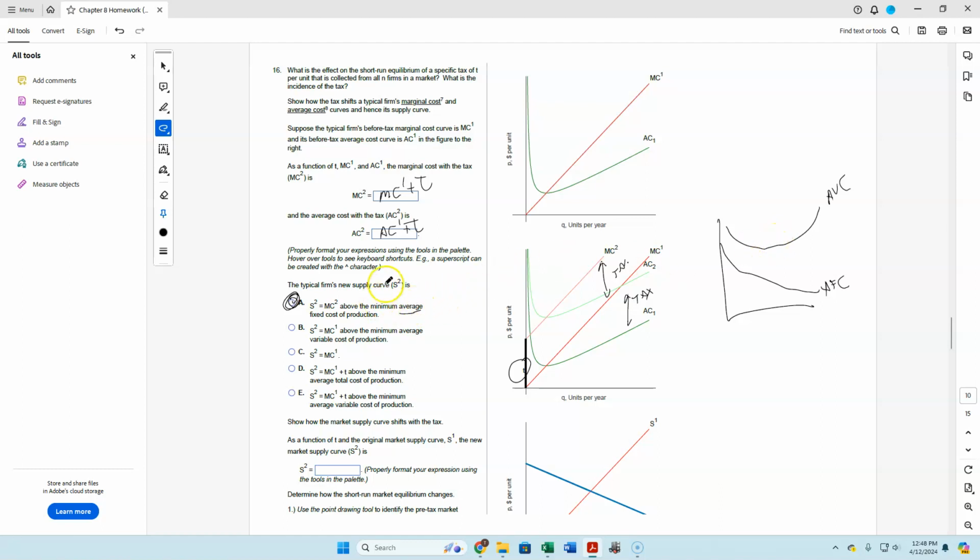And essentially what we're saying here is that the supply function would be that portion above the average variable cost, because the firm can lose some money, that difference between the two, but at least it needs to make up the average fixed cost. Which then just means that supply curve 2 is S1 plus the tax. That's all that's shifted up by.